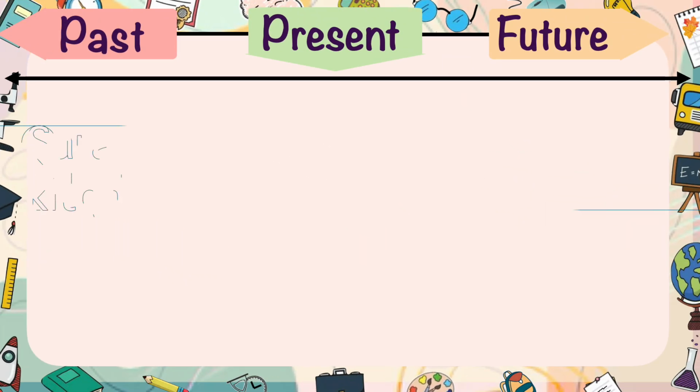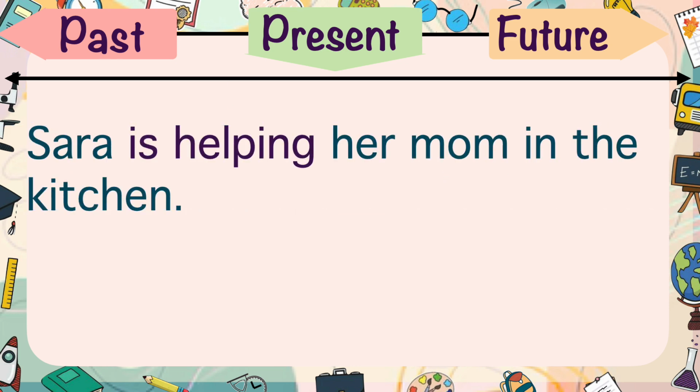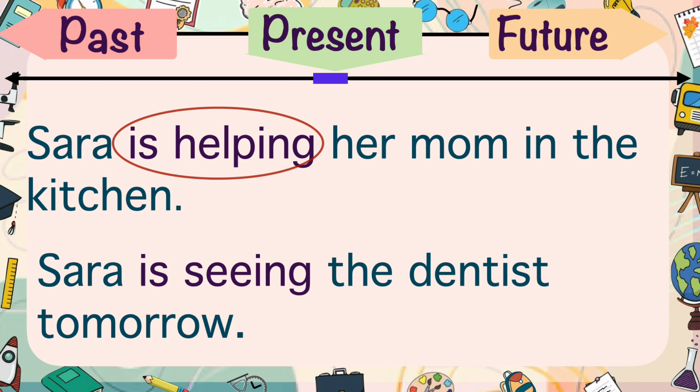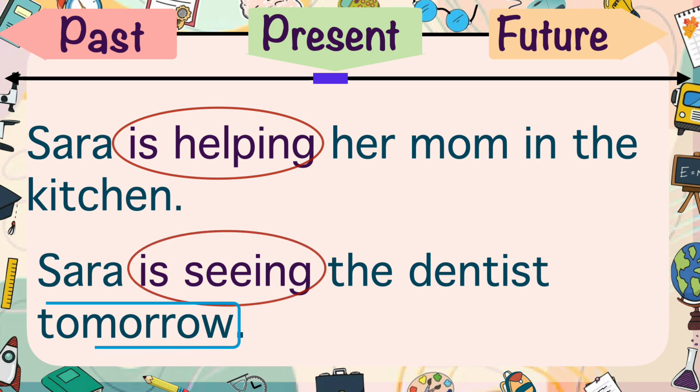If I say, Sarah's helping her mom in the kitchen, is helping is a present continuous tense, which means the action is ongoing and which will finish at some point. But if I say Sarah's seeing the dentist tomorrow, is seeing sure is the present continuous form, but the word tomorrow places it in the future.